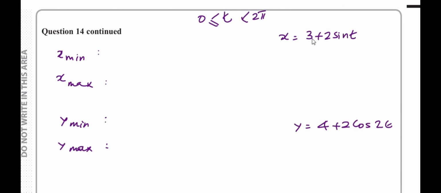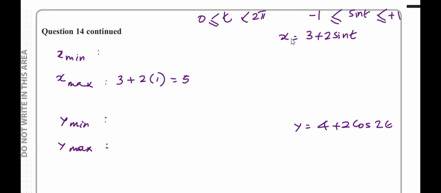Cool. Now if you put any value of t here, sine t can only oscillate between, let's say sine t is always greater than or equal to minus 1 and less than or equal to plus 1. Therefore, x maximum will be when it is 3 plus 2 times 1. So it is equal to 5.